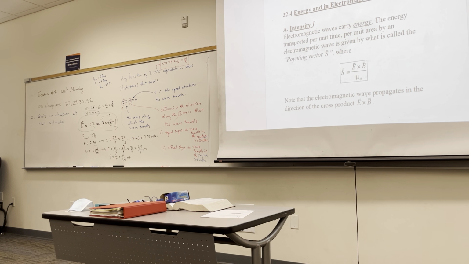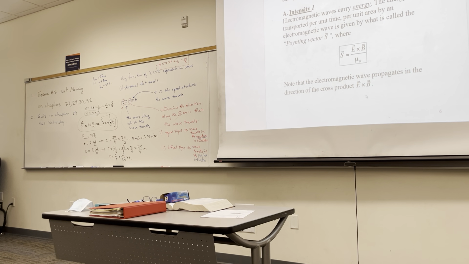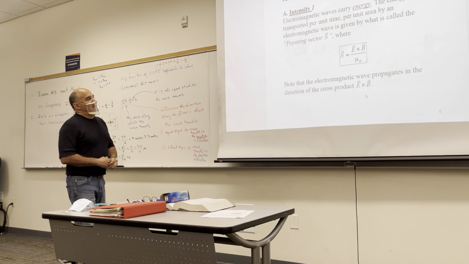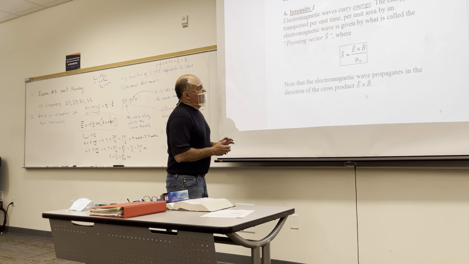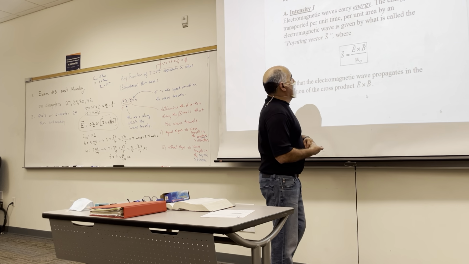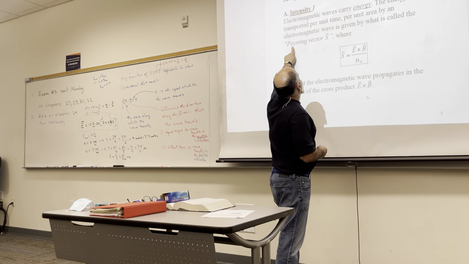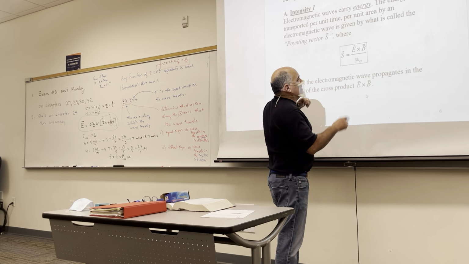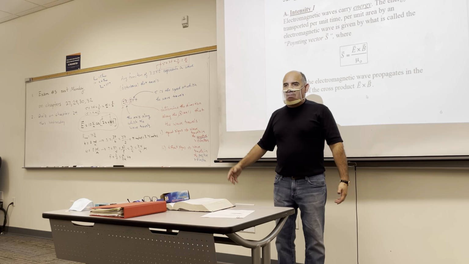And then there is this topic on what is the intensity that the wave transports. So one defines this quantity called the Poynting vector. And Poynting is not like I'm going to point with my fingers. This is somebody's last name actually.